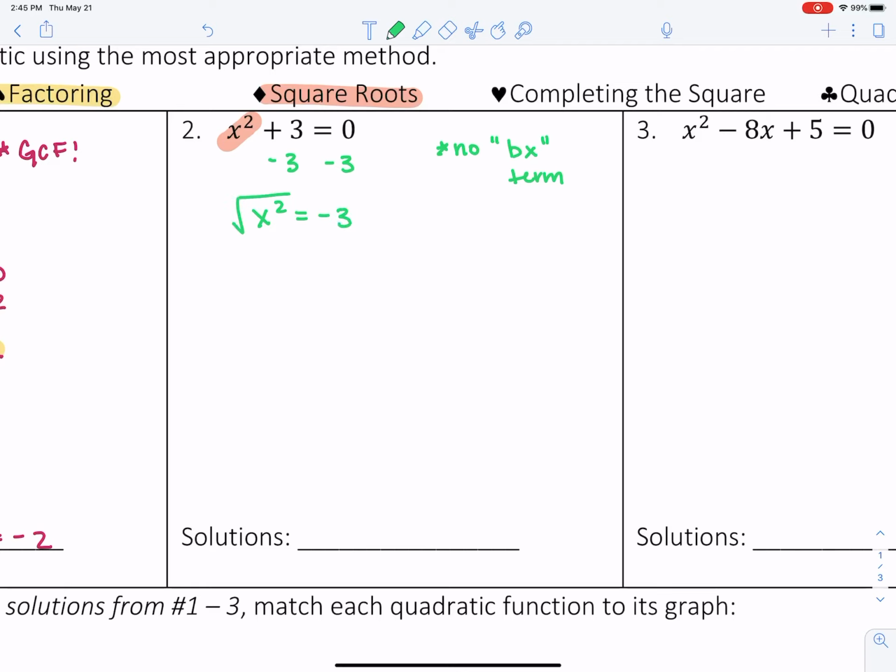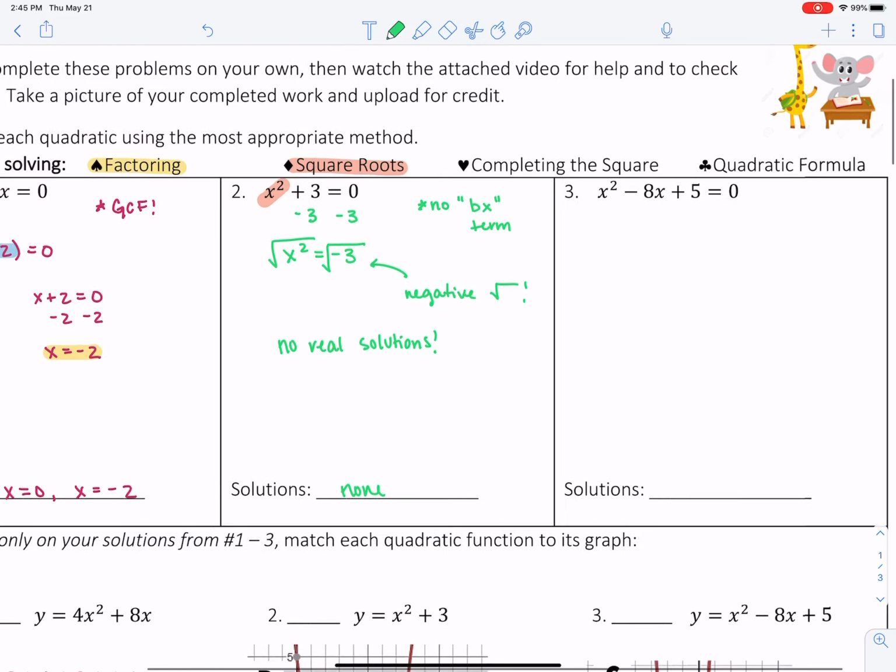Take the square root of both sides. There's a negative in the square root. So for right now, that means no real solutions. So down here, I'm going to put none, meaning that this is not going to cross the x-axis. Okay, so here's number 1 and 2.